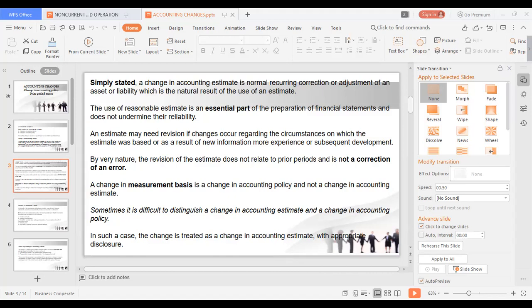8-13. A change in the periods benefited by a deferred cost because additional information has been obtained is an accounting change that should be reported in the period of change and future periods if the change affects both.